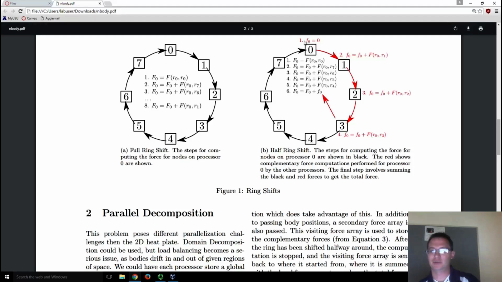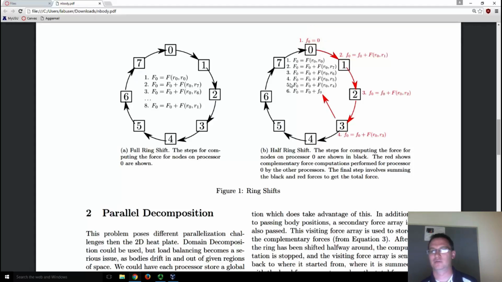Actually, I numbered these. So step 1 and 1 here are the same. Step 2 and 2 are happening at the same time. 3 and 3. So this red goes all the way up to 4, and then there's a 5th extra step here. So there is an extra shift in there, but it doesn't compute the complementary forces on that last step.